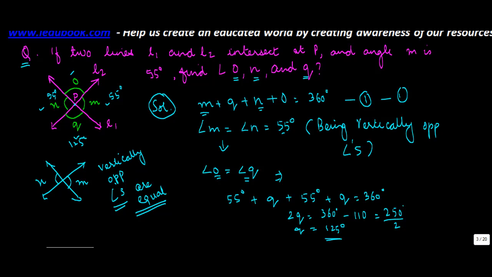So you get Q is equal to 125 degrees, and angle O is equal to angle Q will also be equal to 125 degrees. Right? So that way you've computed all these angles.